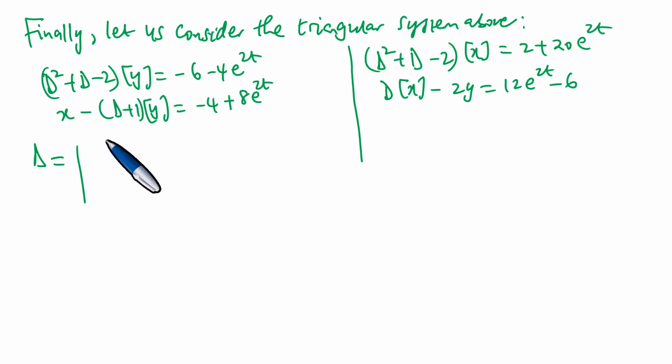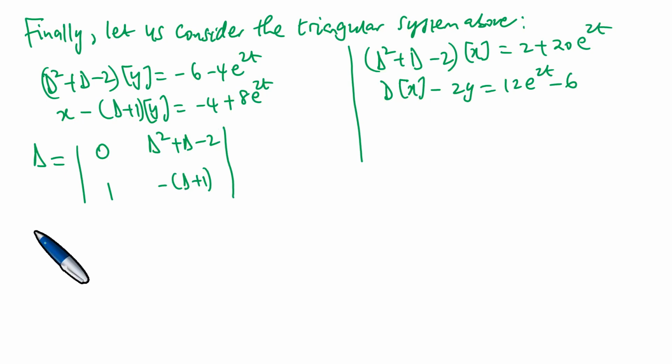Now we shall have the x and also the y. The D operator operating on x here is 0, but it is a 1 there. On y, it is D squared plus D minus 2, and the bottom one is minus D plus 1.